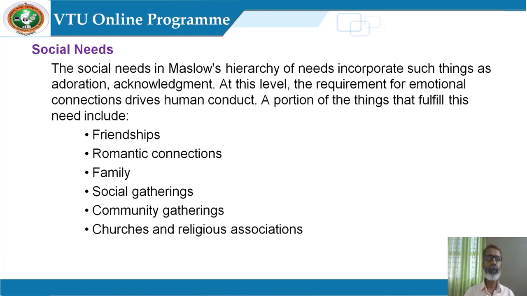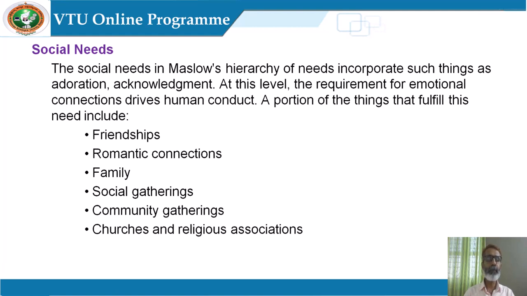That comes to the social needs. According to Maslow, the social needs incorporate affection, acknowledgement, appreciation by the society. At this level, the requirement for emotional connections, you try to connect yourself emotionally with the society.